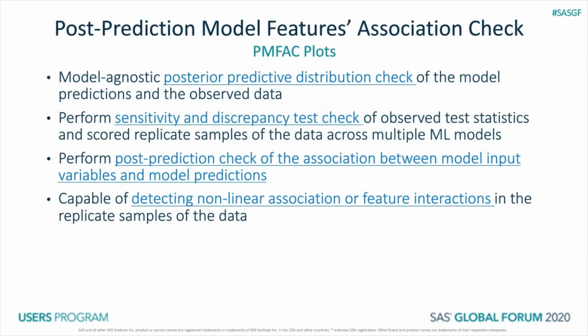Now I'm going to go through the different plots that can be generated using the PFAC macro program. The first one is the model-agnostic posterior predictive distribution check of the predictions generated by black box model and the observed data.